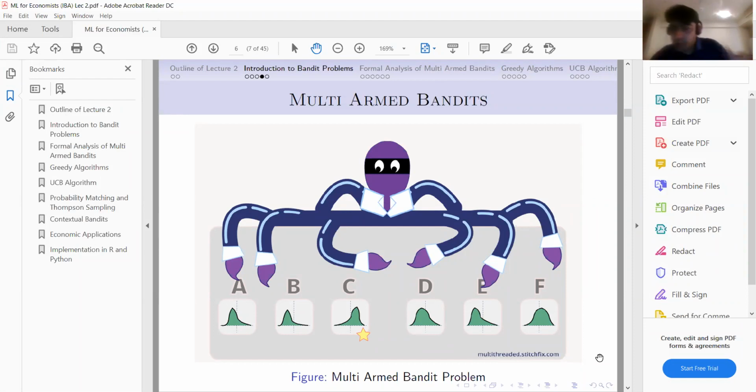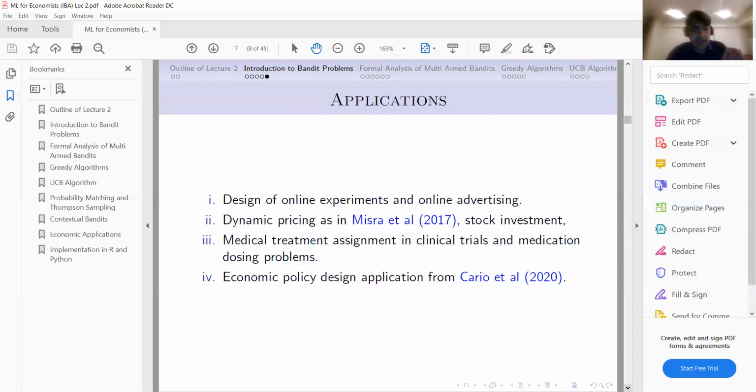So you want to explore all the arms so that you learn about all of them, just in case, and because you want to discover the optimal arm with the highest reward probability. But you also don't want to explore too much, because based on the information so far, if let's say arm D has a very high probability, you want to keep on exploiting your given information up to this point also. If you explore too much, you lose a lot of rewards. So that's the really key idea.